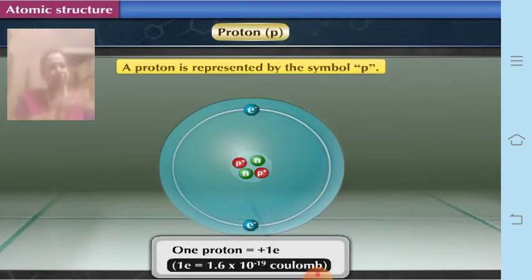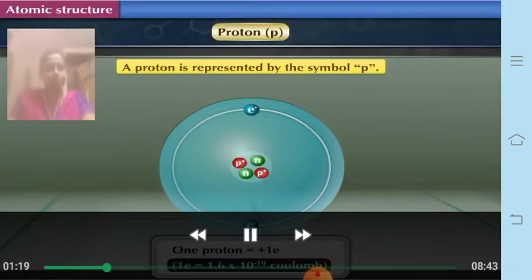So one proton carries very little charge, and the same is true for electrons. Remember, one proton has one unit of positive charge, represented by the letter e. 1 e is equal to 1.6 into 10 raised to minus 19 coulomb. You will have to remember this number when you go to higher classes.